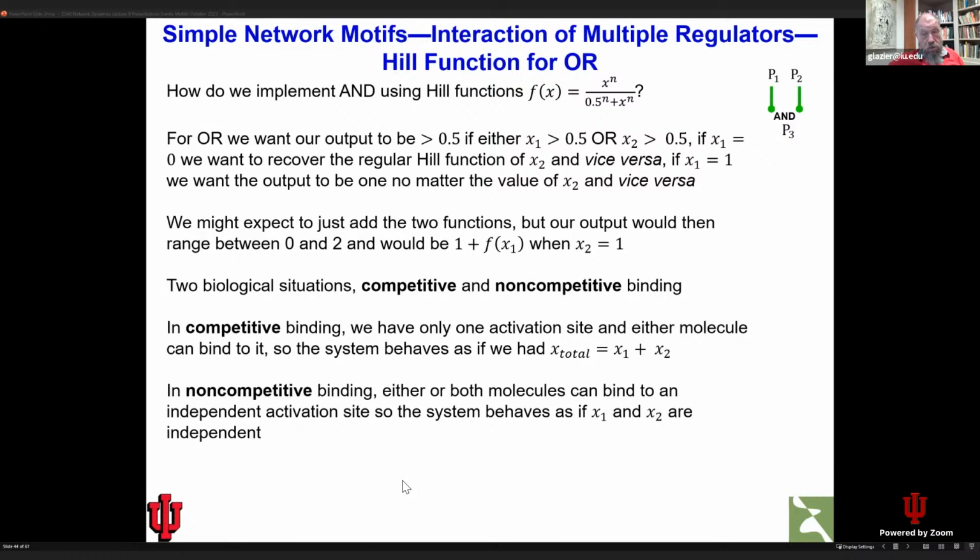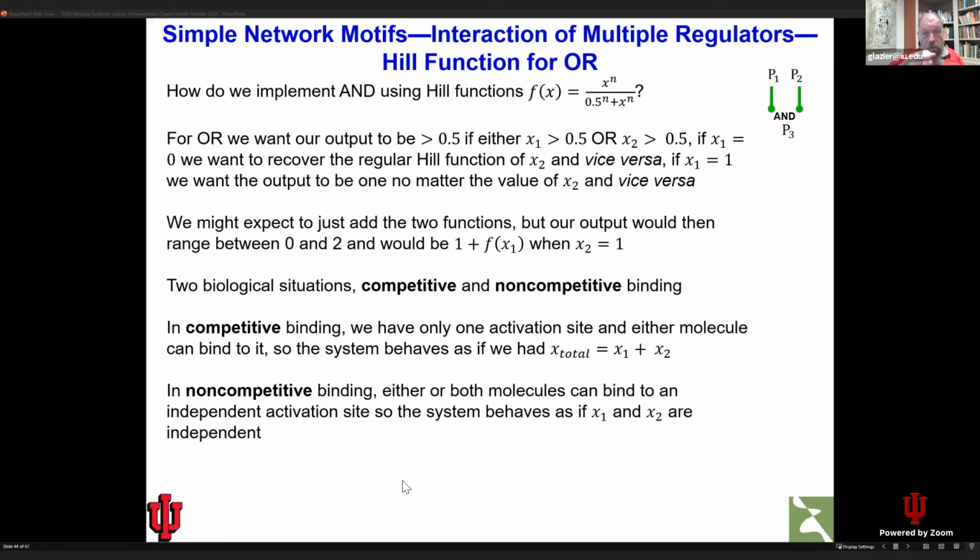There are many, but there are two basic forms of cooperative binding. One is called competitive and one is called non-competitive. So a non-competitive binding would be, suppose that our gene is turned on by one site, but there are two molecules in the environment, either one of which could bind to that site. It's called competitive because there's only one target.